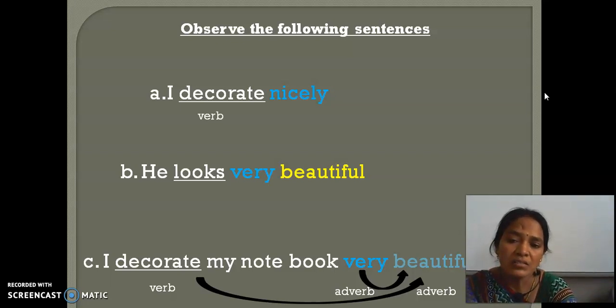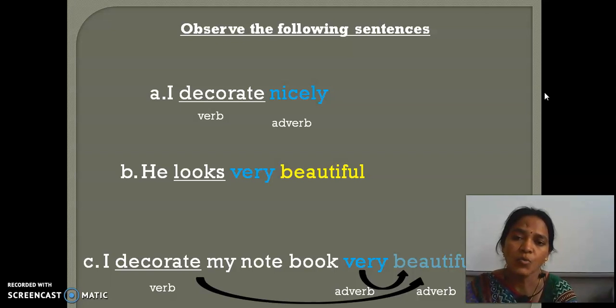Then what is nicely? What is this word nicely doing to your verb? It's trying to tell us that the person decorates something very nicely.